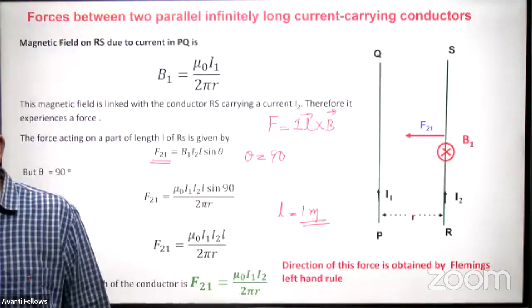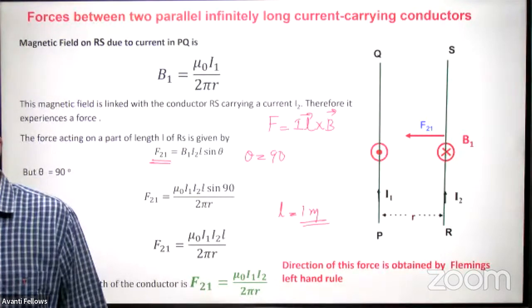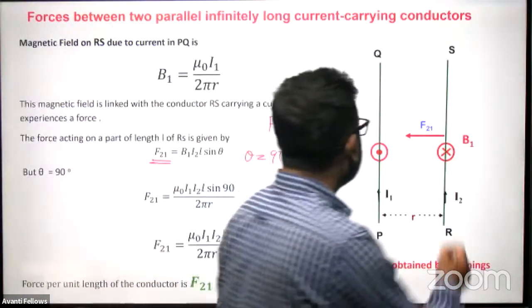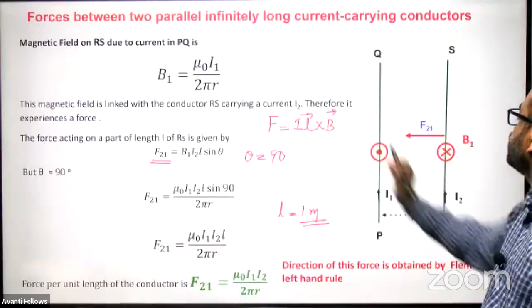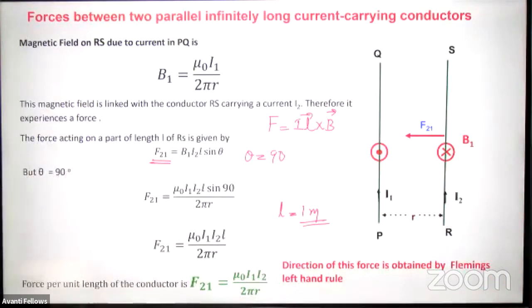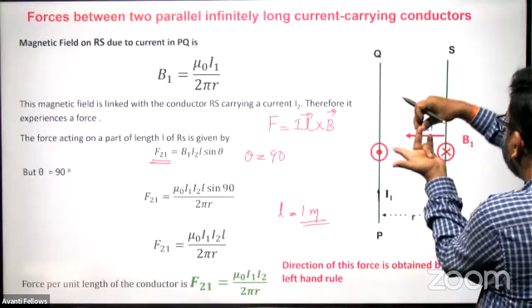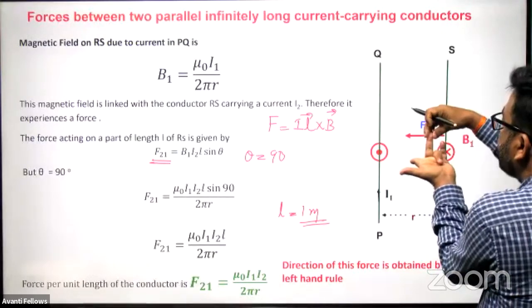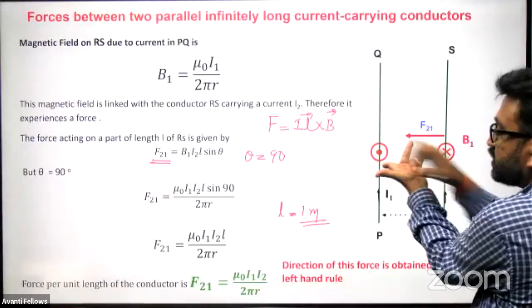Then the direction of the force is obtained by Fleming's left-hand rule. The force on 2 due to the magnetic field by 1, F21, will be towards left. This can be shown by Fleming's left-hand rule. I upward, B inward, and force is towards left.